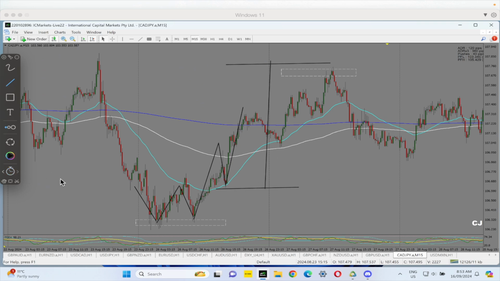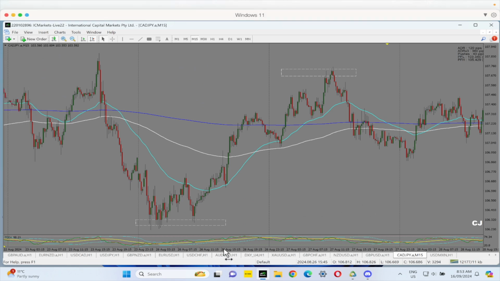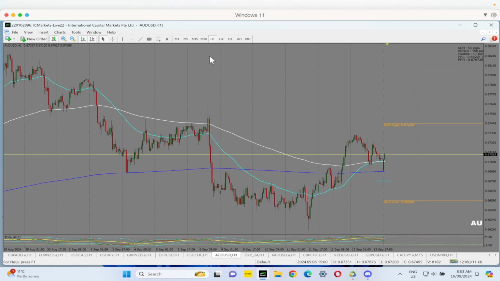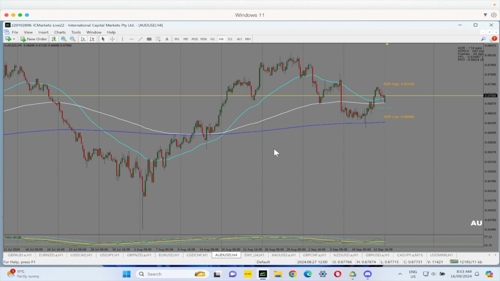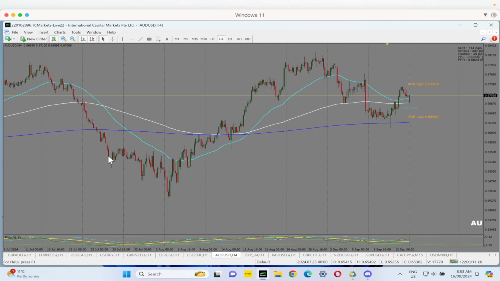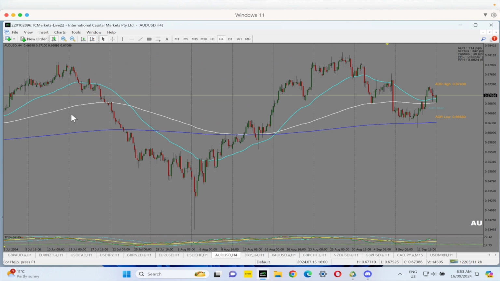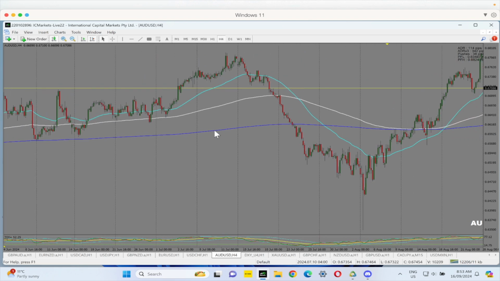All right, let's go to a different pair. I'll pick any pair. Maybe I'll pick AUD/USD, and let's see if we can find the ID50. This time around, we want to go to the 4-hour time frame. I see one already here, but I want to show you an easy one so that you can appreciate how an ID50 looks like. Here's another one right here.